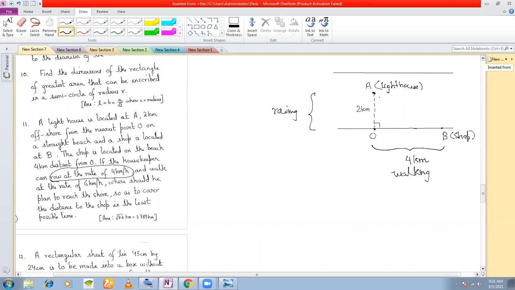He can reach O, and then start walking from O to B, right? But the point is that he has to minimize his time. That means it is not necessary that he reaches O by rowing. He can reach a point here, say P, by rowing, and then start walking.